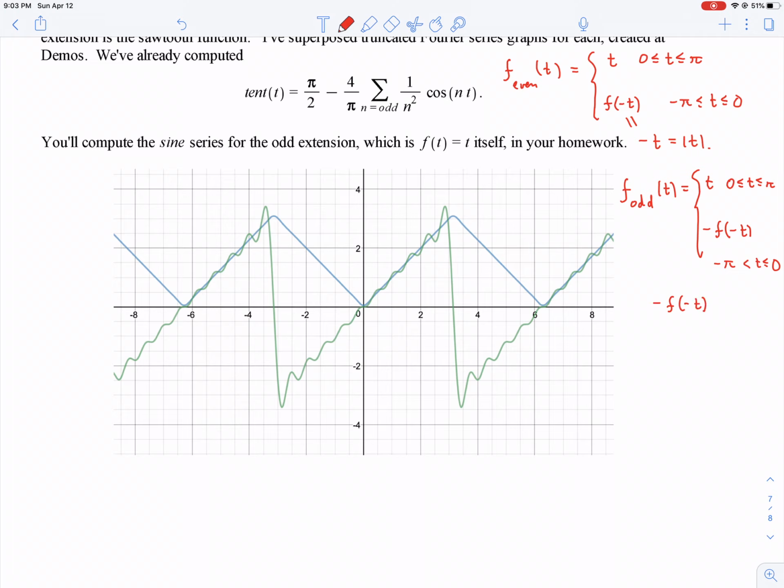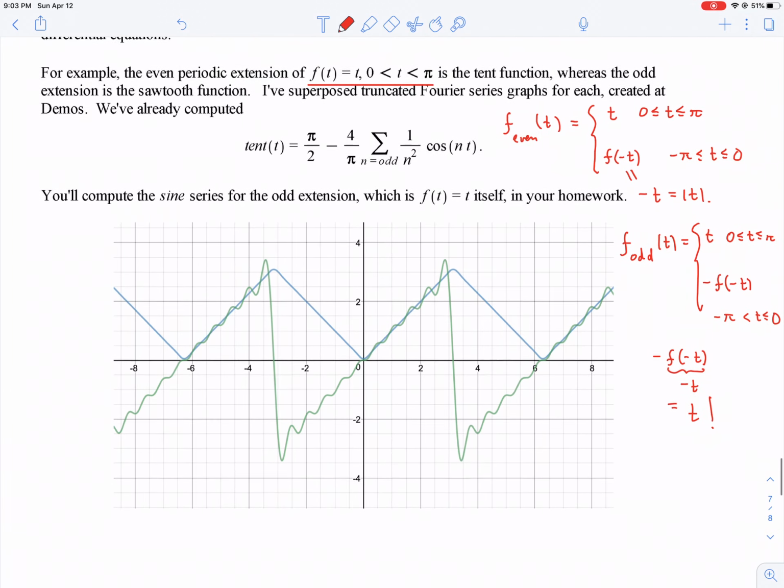Okay, so minus t is positive, so f of it is itself, and minus of minus t is t. So just as you figured, the odd extension of t is t. Okay, I mucked that up.